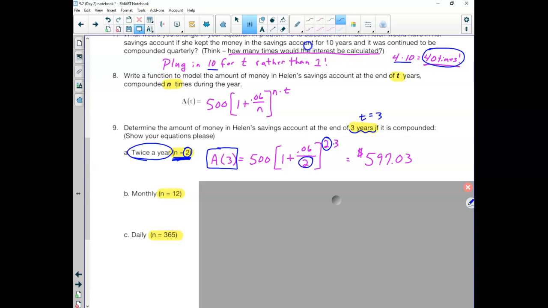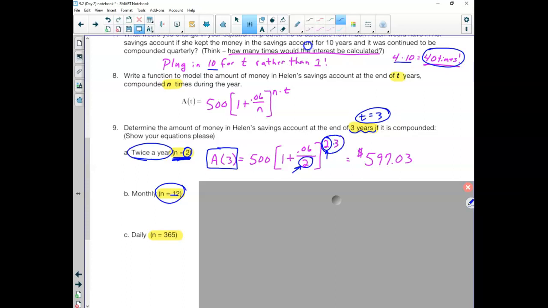Well, what if they paid you interest every month? Now I'm still in here for 3 years. T is still 3. But now they're saying, go in there and change N. What is going to happen? Now that's no longer a 2. It's going to be a 12. And if they pay you interest once a month for 3 years, think about it.